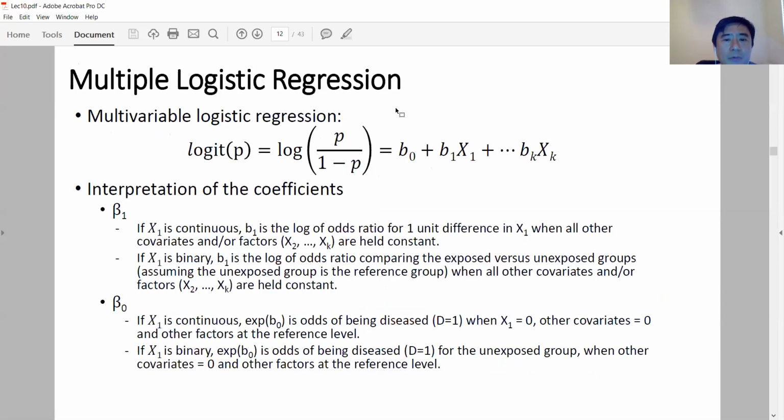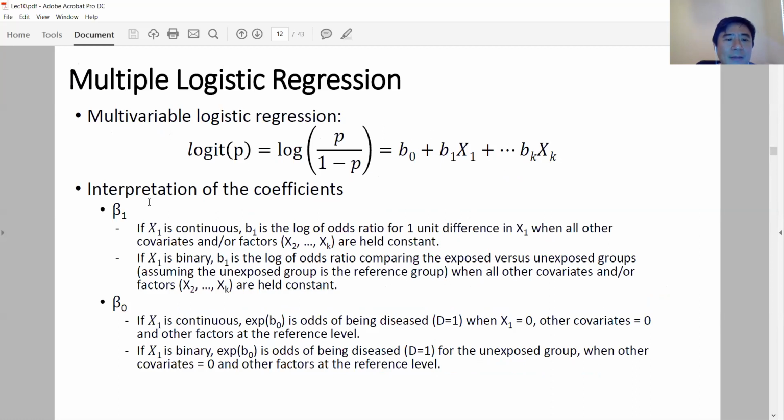And in the multiple logistic regression, you can see we have multiple predictor variables from x1 to xk. But again, we can still treat x1 as the main exposure and all the other variables as the covariates.